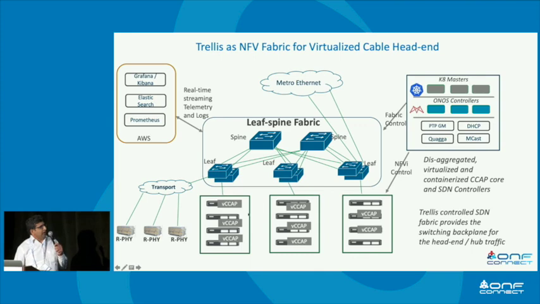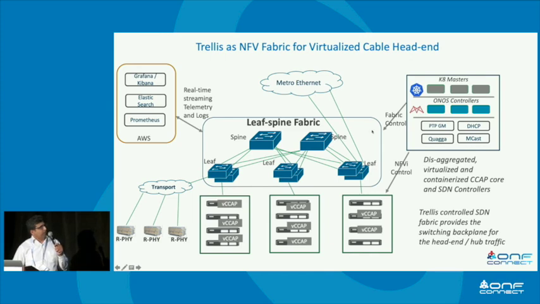The CMTS is running on general purpose x86 hardware here, and the switching function in the head end is given by the Trellis-based solution.